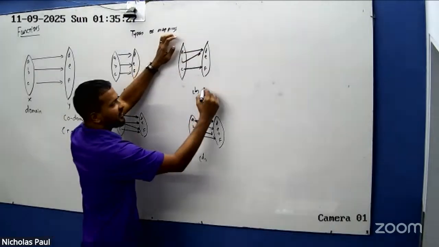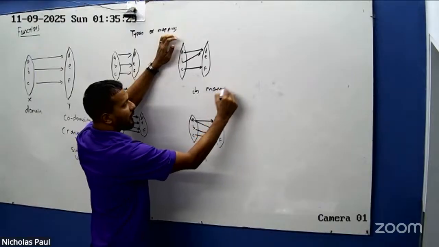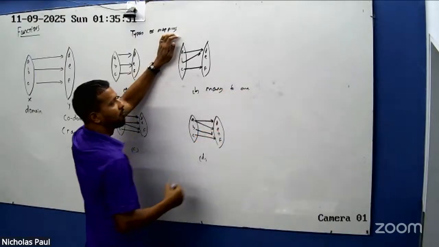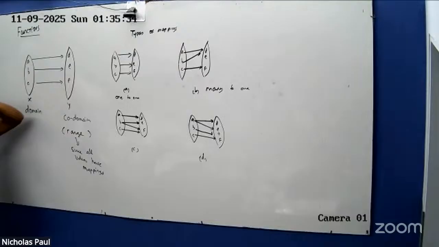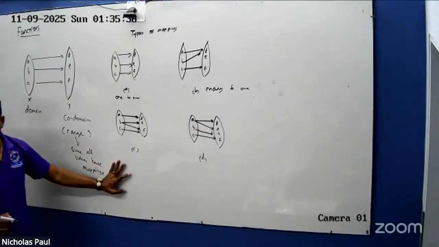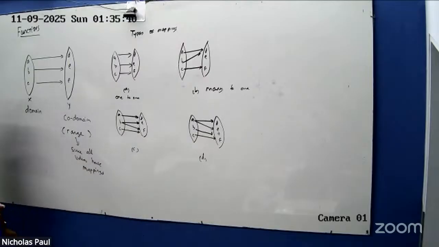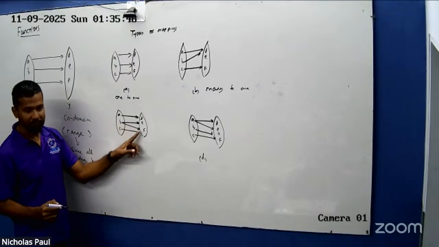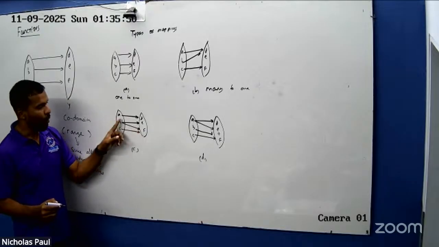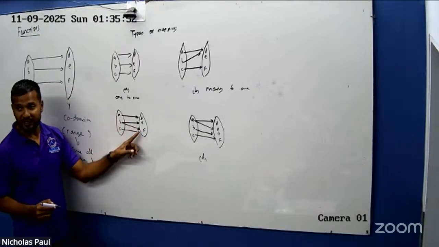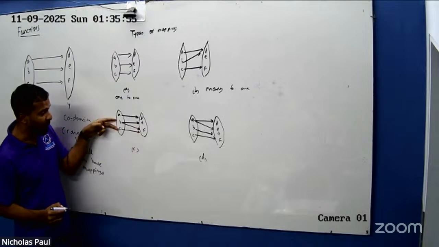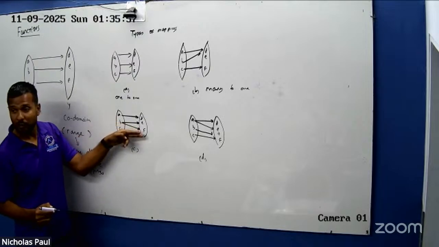So this is called a many to 1. You okay with that? What about C? Be careful with C. It has 1 to many, and many going to 1.